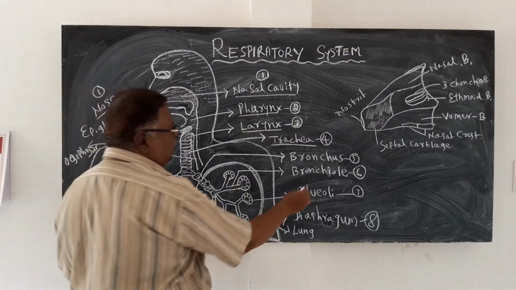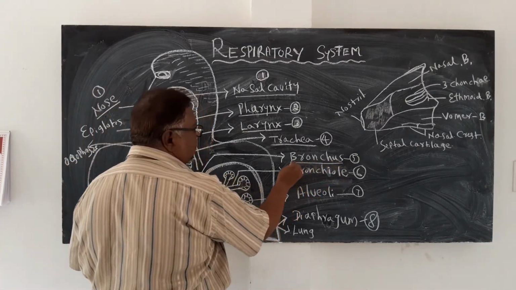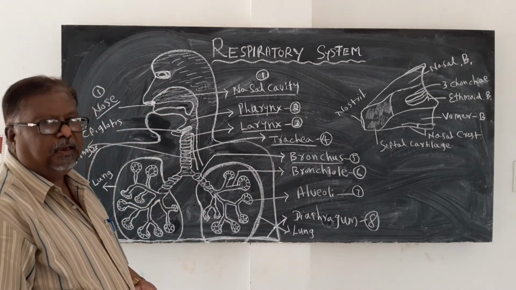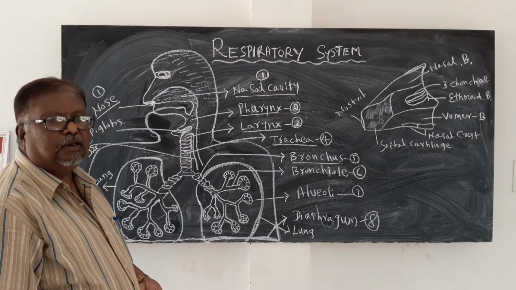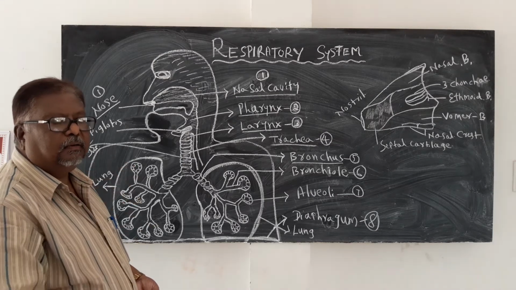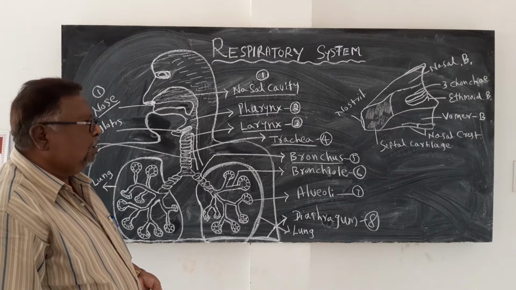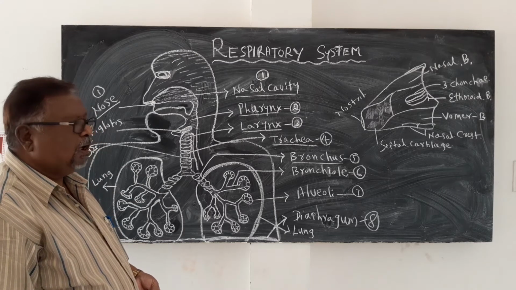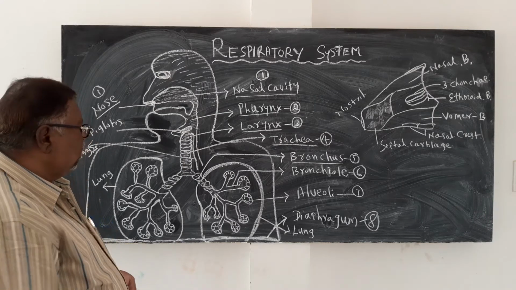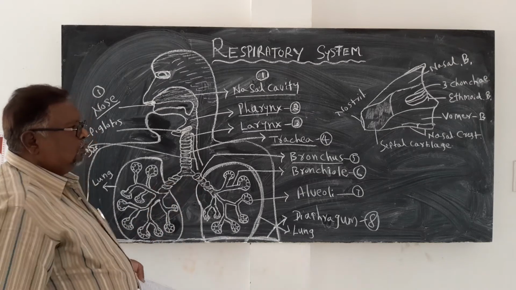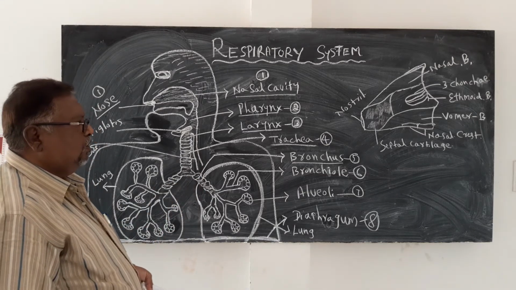The fifth one is bronchus, where the trachea divides into 2 bronchi. Singular is bronchus, plural is bronchi. 2 bronchi are evolved from the trachea. So this is one bronchus and this is one bronchus present.